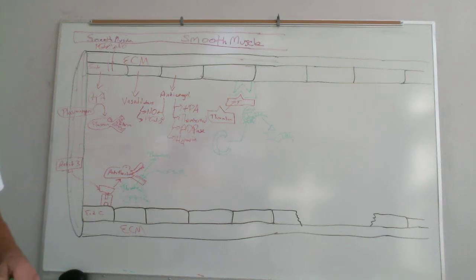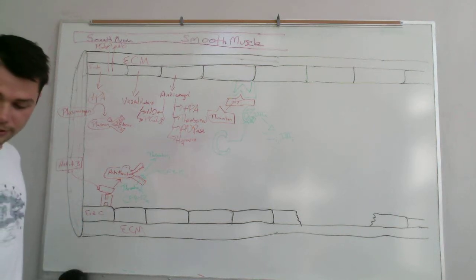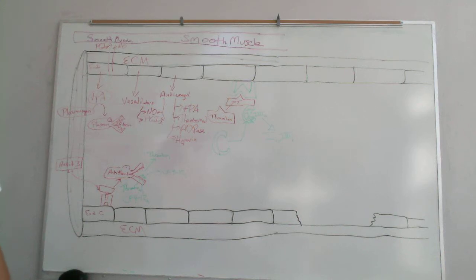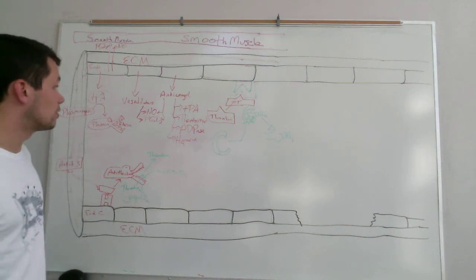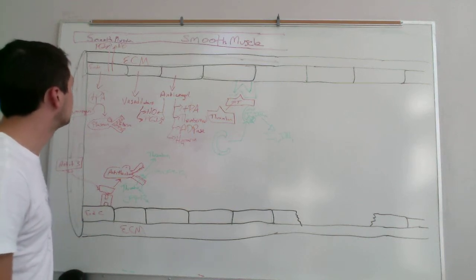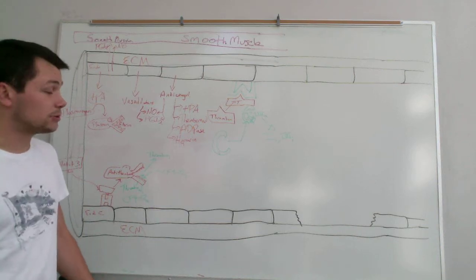So the next thing to go on to would be if you have an injured endothelial cell. When you have injured endothelial cells, the first thing that happens is they stop producing all of these factors that are anticoagulant agents and vasodilators.